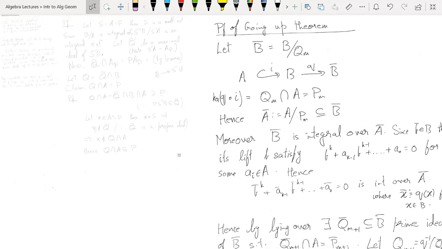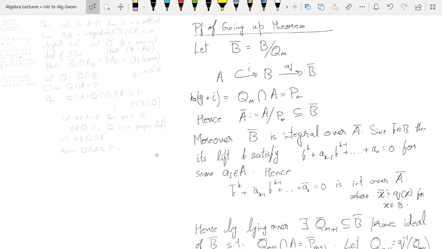Once you go mod QM, you get a ring B bar, and this B bar is going to be an integral extension of A bar, where A bar is A mod PM. A bar is contained in B bar because QM intersection A is PM, and that is precisely the kernel of this composition map. We discussed this when we were doing that lemma as well.